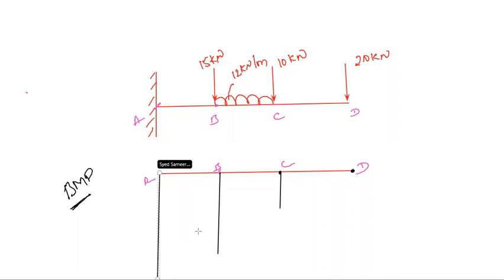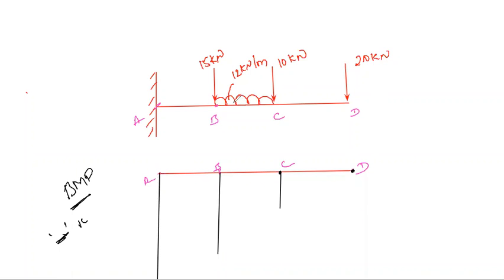Clear? Now see, whenever there is a UDL, why have I written downwards here? Because these are all in the negative, so we have drawn in the downward direction.